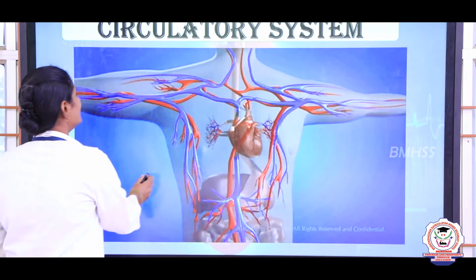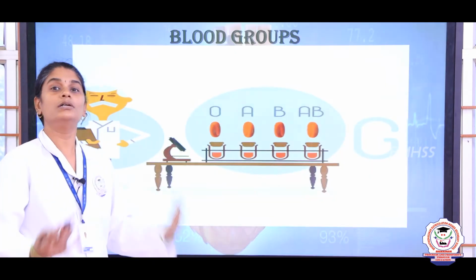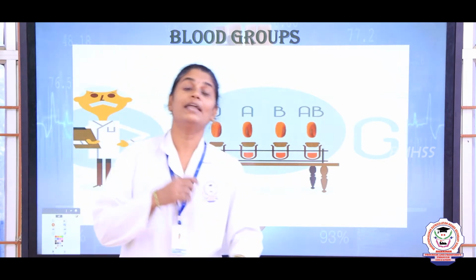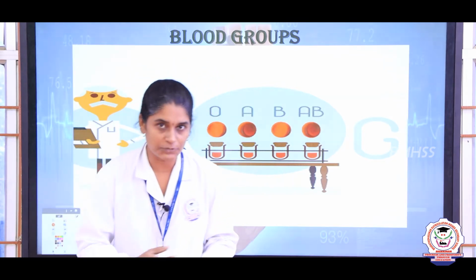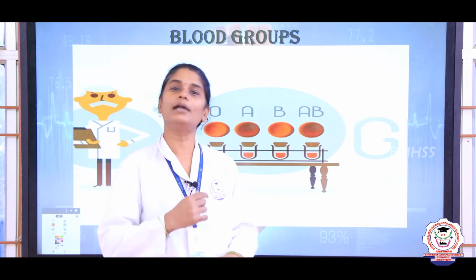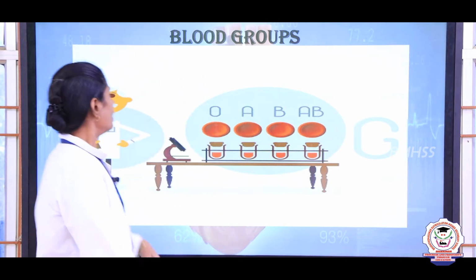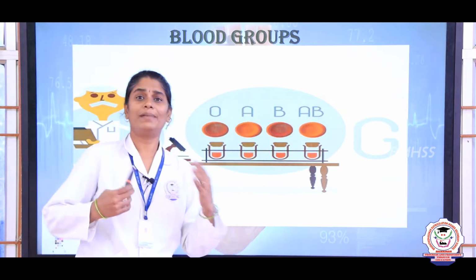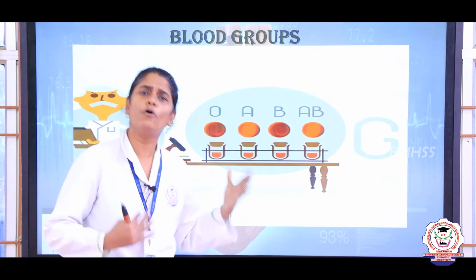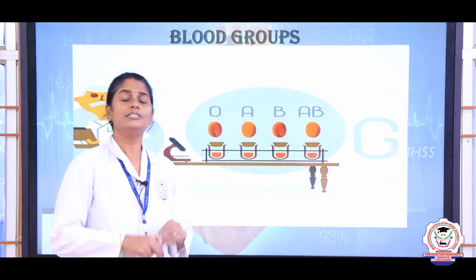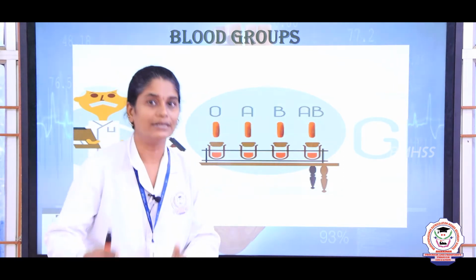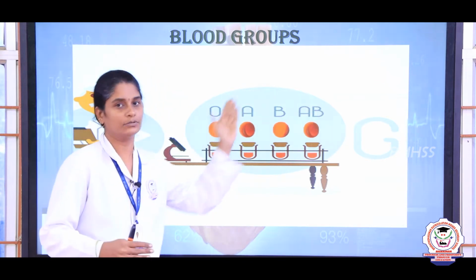Now, in this session we are going to learn about blood groups, what blood transfusion is, and how to keep our heart healthy. The blood in human beings is of 4 types. These 4 types of blood are called blood groups.